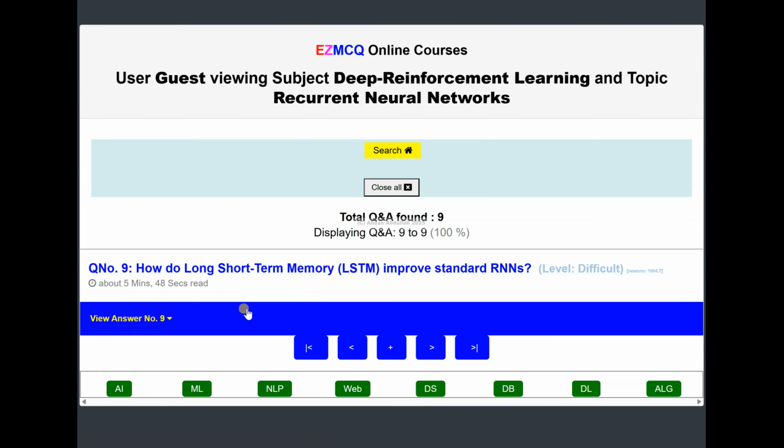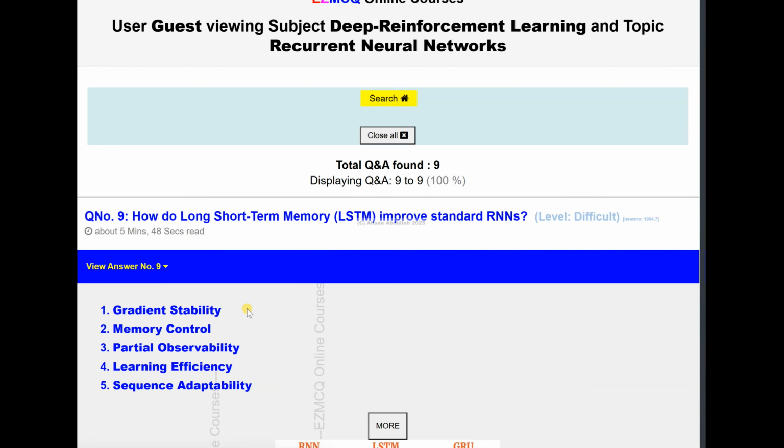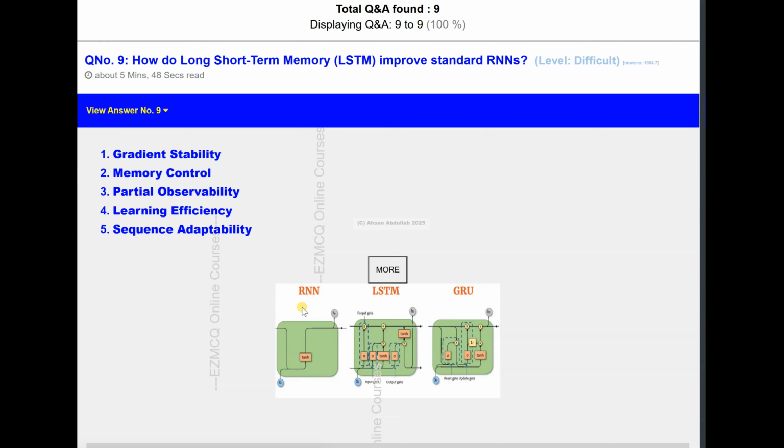How do long short-term memory, LSTM, improve standard RNNs? Okay, so let me give you a little bit of background. This is the RNN and this is the LSTM. We also spoke a little bit about gate updates.